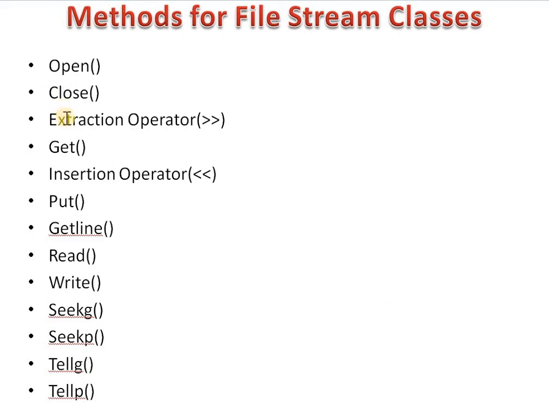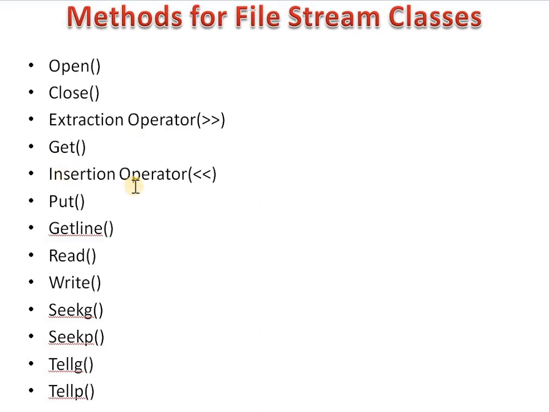Then we are going to use the extraction and insertion operators. The IO class library provides a variety of methods. We know that the istream class defines a version of the extraction operator that recognizes the basic C++ types and converts character input to those types.